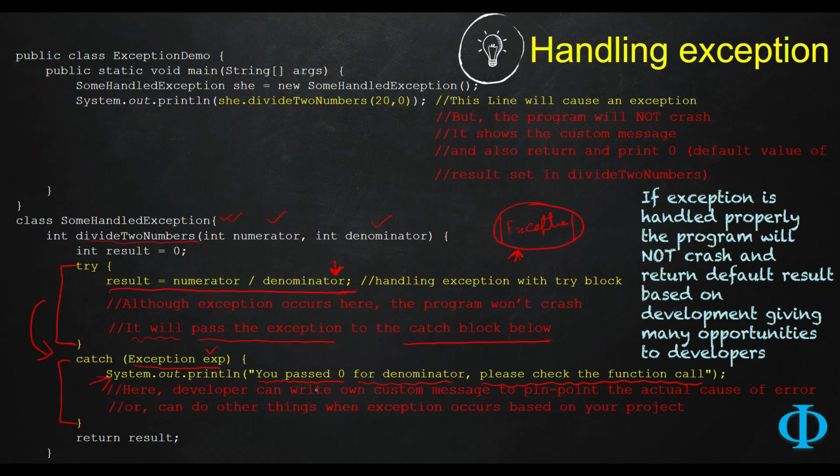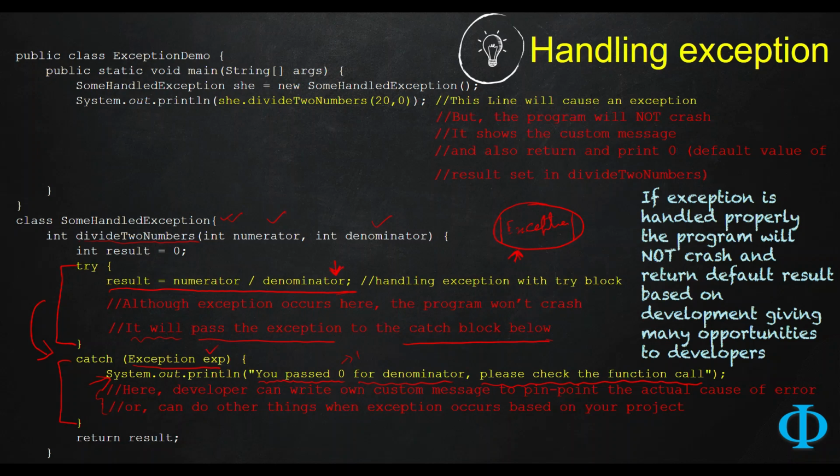So here the developer can write their own custom message to pinpoint the actual cause of the error, or you can also do some other things when the exception occurs. For example, let's say you want your code to automatically convert this 0 to 1. That type of logic you can implement inside catch.